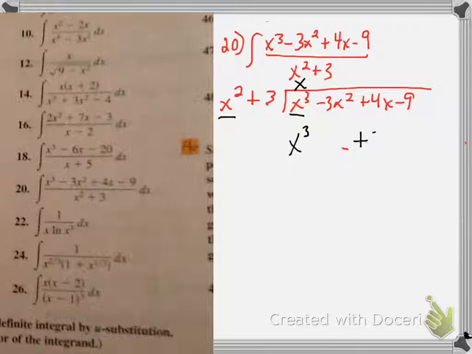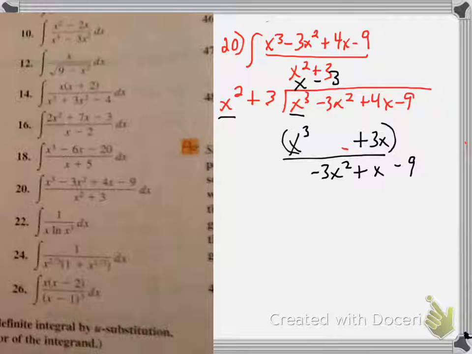I'm lining up my terms and subtracting that, so negative 3x squared plus x minus 9. Bring down your 9. x squared goes into negative 3x squared negative 3 times. Negative 3x squared minus 9 leaves you with a remainder of x.